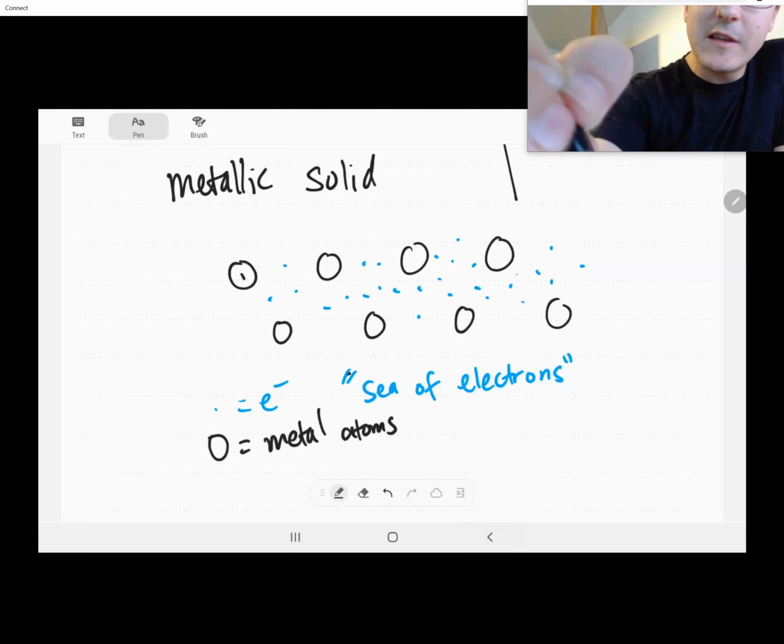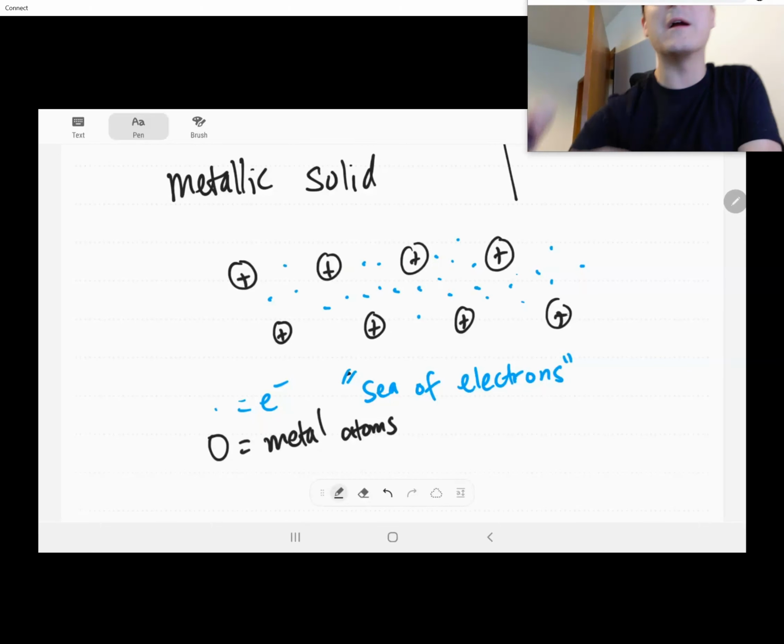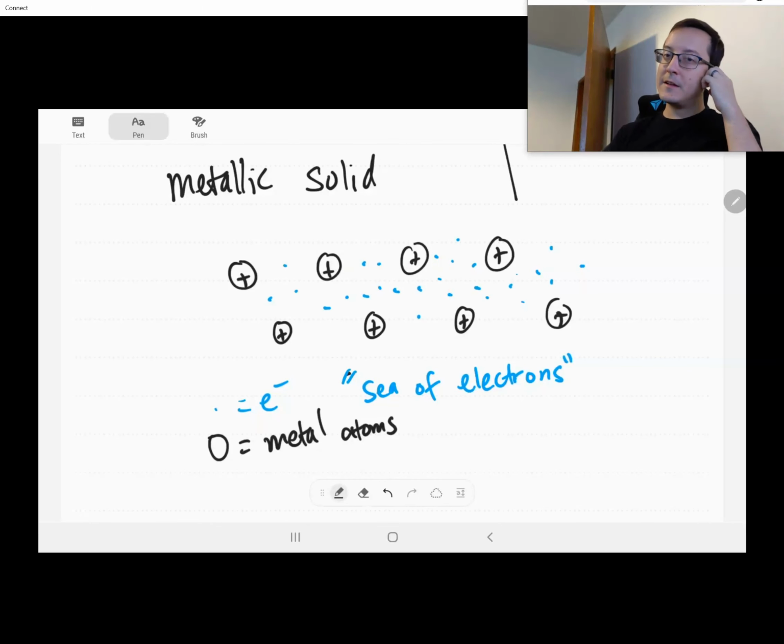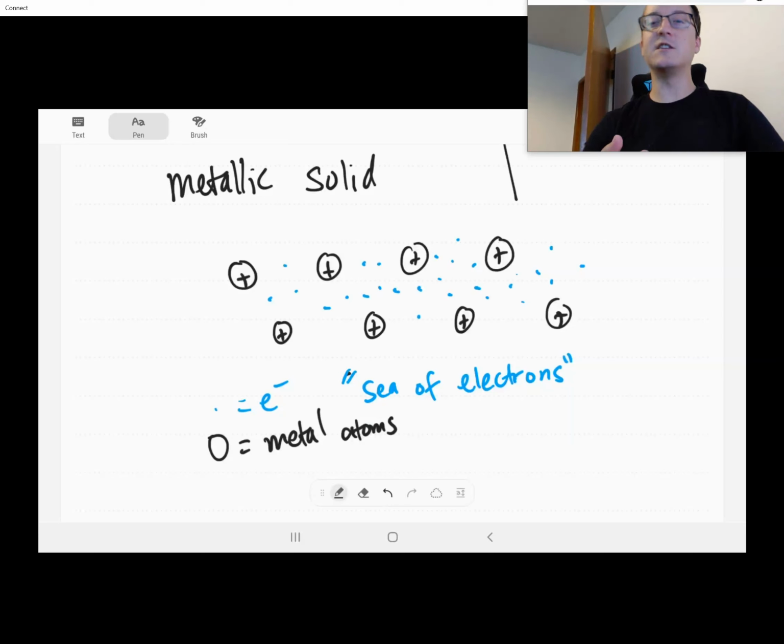And so all of those atoms are just going to be positively charged, because all these electrons are floating around within them. And so electrons can just swish and swash like an ocean in between metal atoms. As a result, metals will also form solids because of these relatively nice interactions that they have.